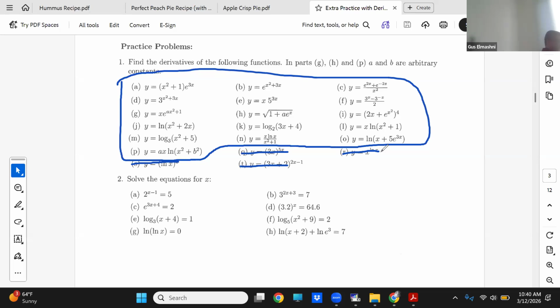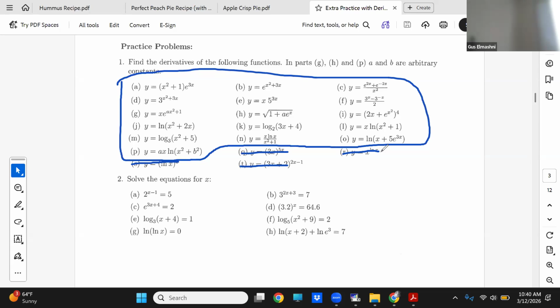Oh, they can put x in there. What should we have?